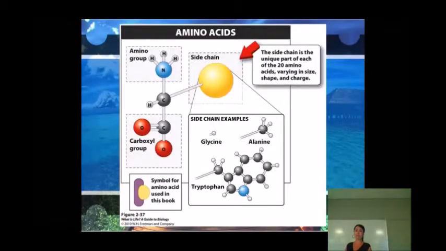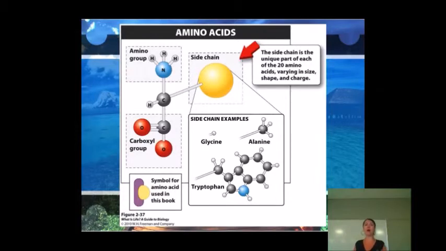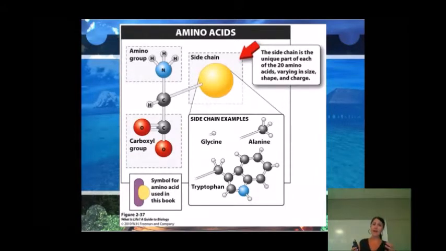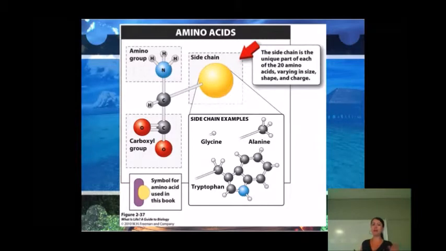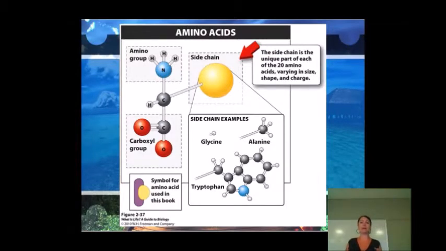So, yes. So what does an amino acid look like? It has a nitrogen, and it has the 3 hydrogens around it. It's also built up of carbon and oxygen. And the side chain, which is what is called, is part of what makes each of these 20 different amino acids unique.